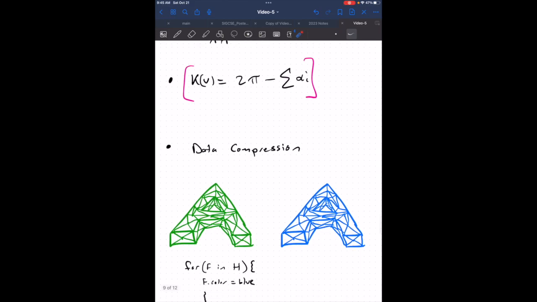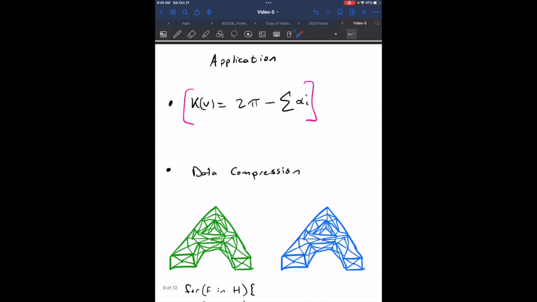Well, what could I do? One thing I could do is iterate over all the faces, and for each face reassign the color to be blue. So that's a simple algorithm, but what does it require me to do? It requires me to iterate over all my faces. So before we even begin running this algorithm, one thing we could do is compute the curvature at each point.